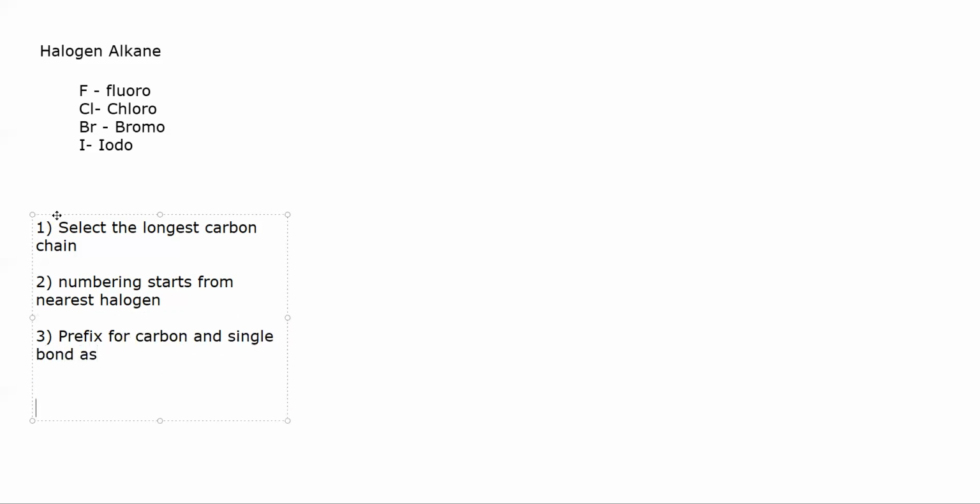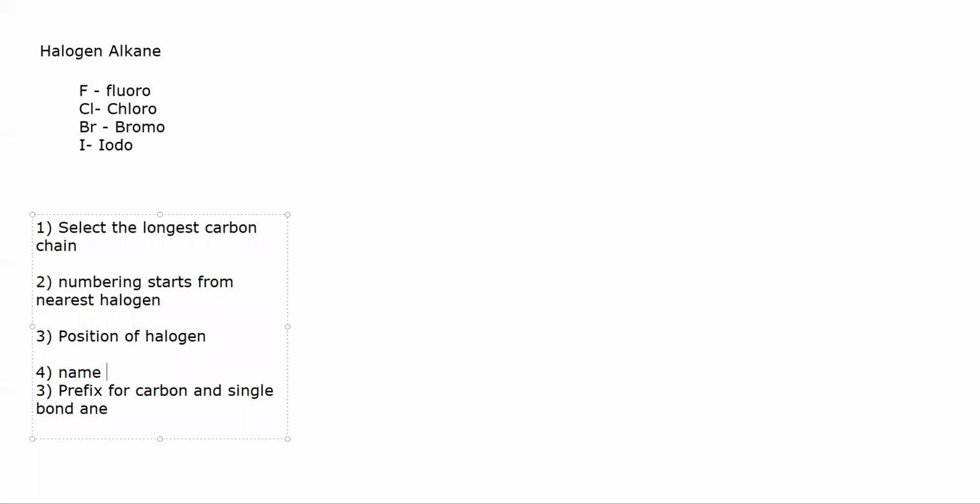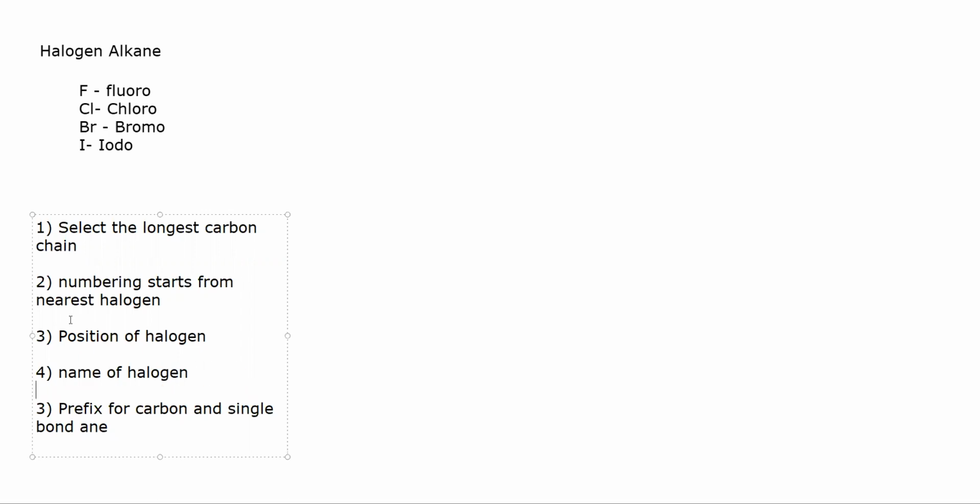So first the position of the halogen and the name of the halogen, for example fluoro, chloro, bromo, iodo, and at the last the prefix for carbon, and then for a single bond, we should end at ANE.